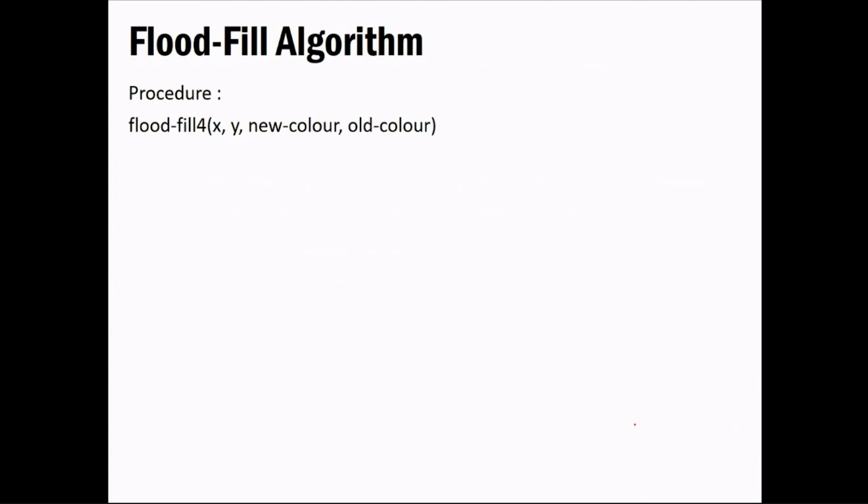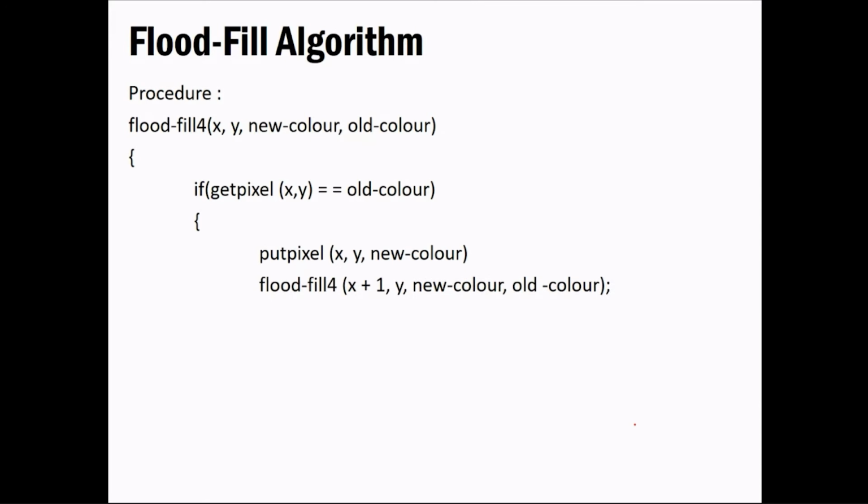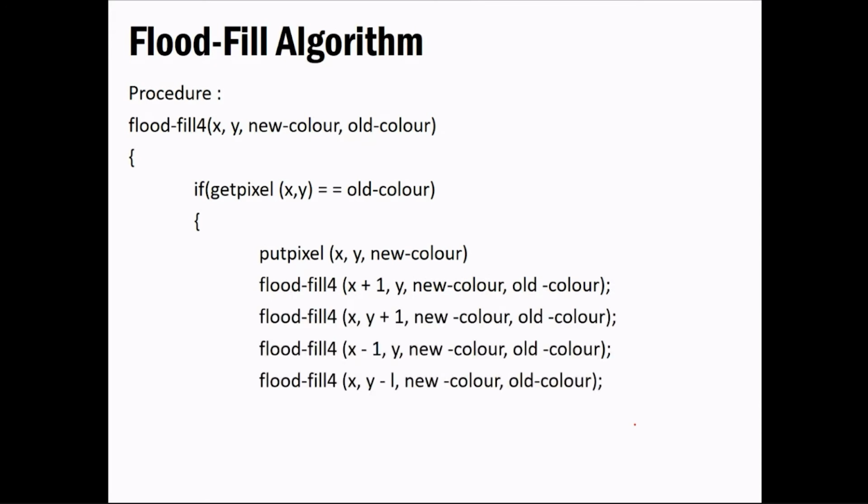See, we are now changing our perception. Instead of going with the boundary, we are trying to get the old color. Once you get the old color, you have to completely paint that pixel with the new color, whatever color you want to give. So your old color will be replaced with the new color. These are the pixel information.